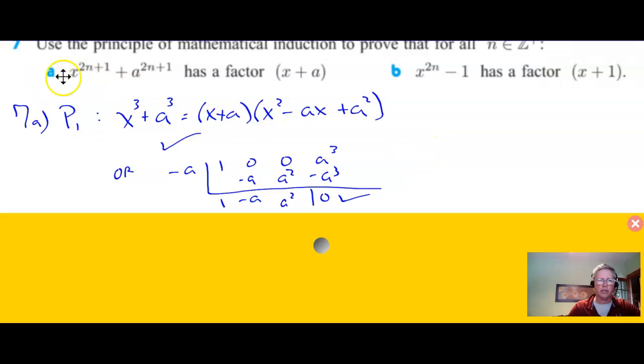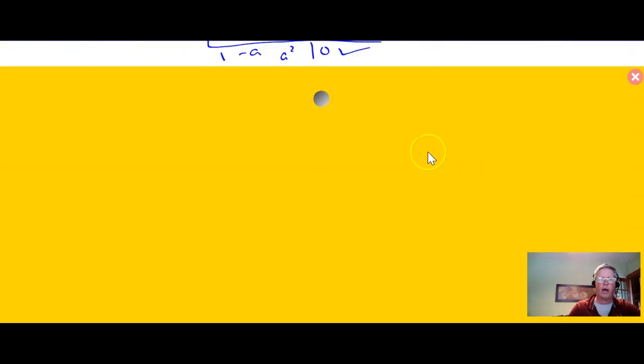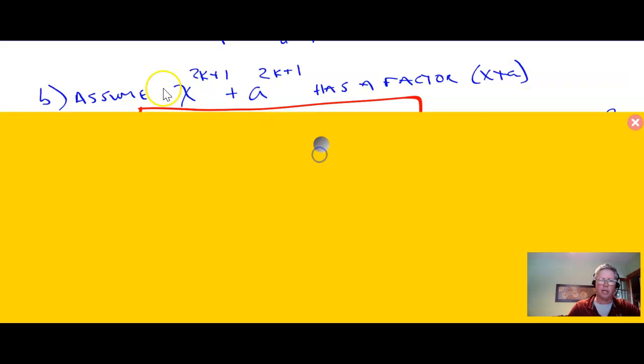Now we're going to assume that the kth setup is divisible by x plus a. Check this out. Wow. All right, assume. I plugged in k here. We're going to assume that is a factor of x plus a. Well, what does that mean? It's not like you can say it's divisible by a number. But actually, yes, you can.